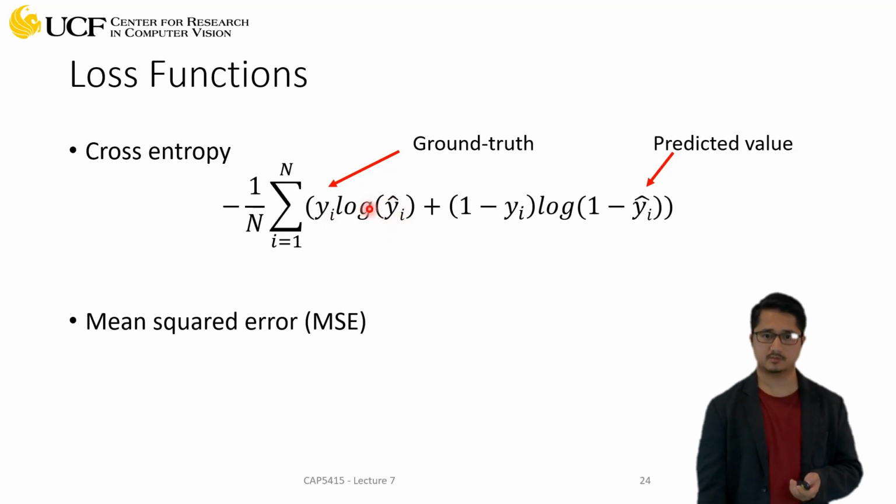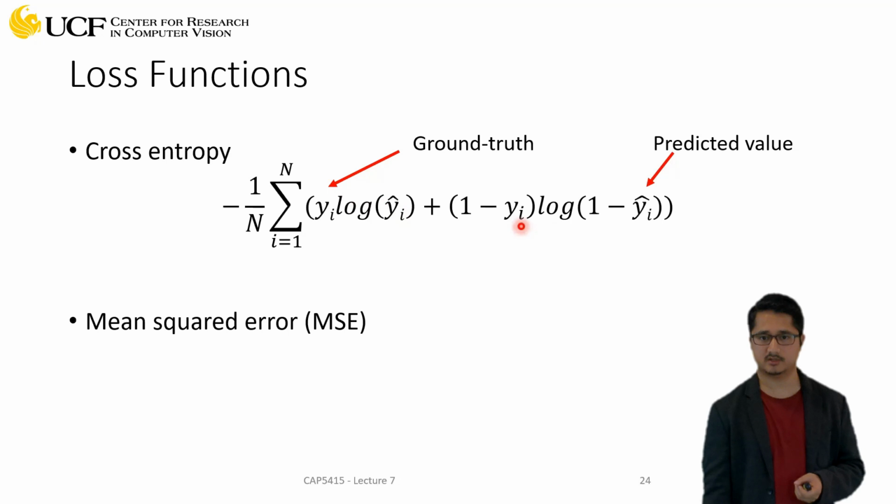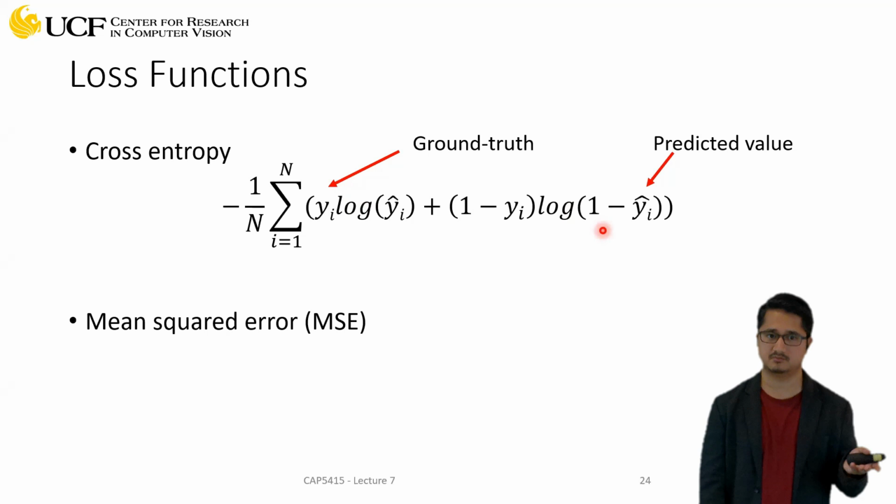So log 1 becomes 0, and this whole term becomes 0. And your network was actually doing a very good job because the object was present and your network said the object is present. Okay, so we are happy, the loss is 0. Now, if you look at the second term, because the ground truth is 1, this completely becomes 0. So we don't have to compute this. So if your network did the right job, your loss is 0, which means this loss function is actually doing its work, right?